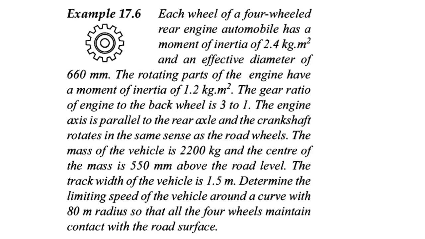The engine axis is parallel to the rear axle, and the crankshaft rotates in the same sense as the road wheels. The mass of the vehicle is 2200 kg, and the center of mass is 550 mm above the road level. The track width is 1.5 meter, and you have to determine the limiting speed of the vehicle around a curve with an 80 meter radius, so that all four wheels maintain contact with the road surface.